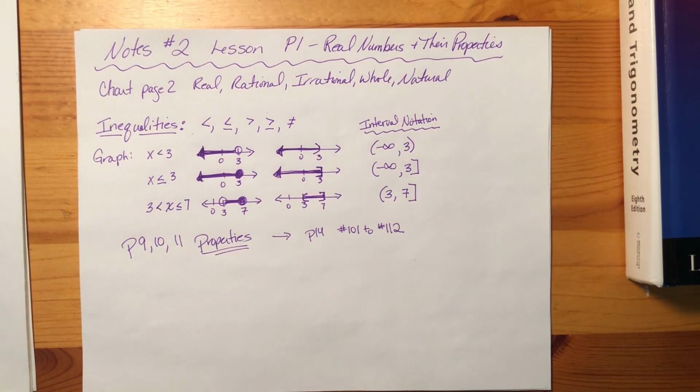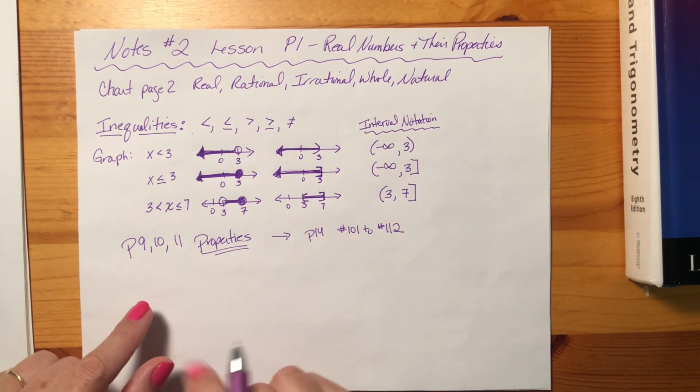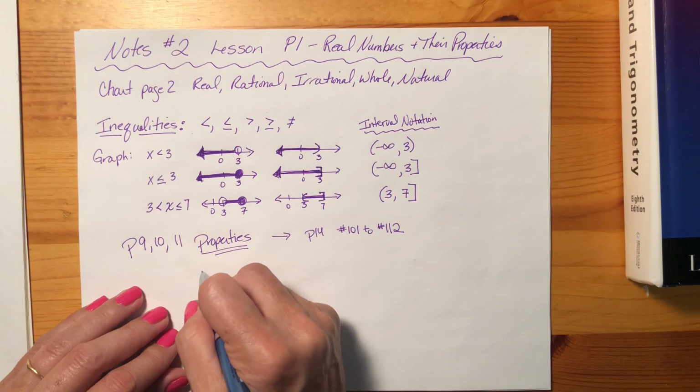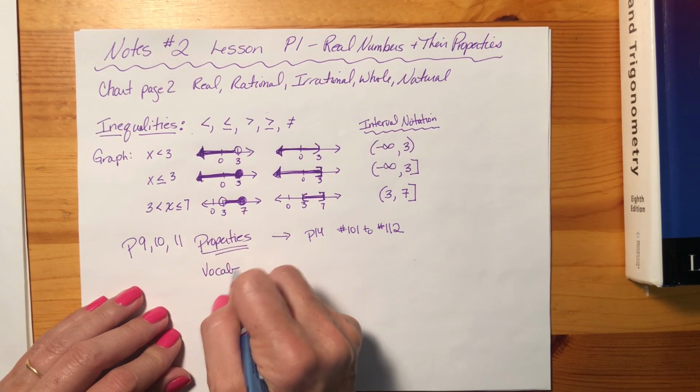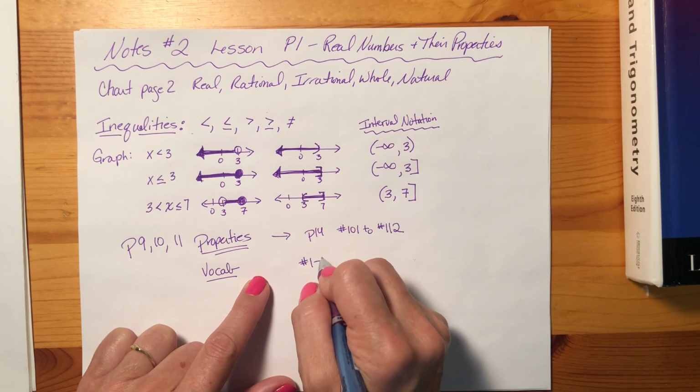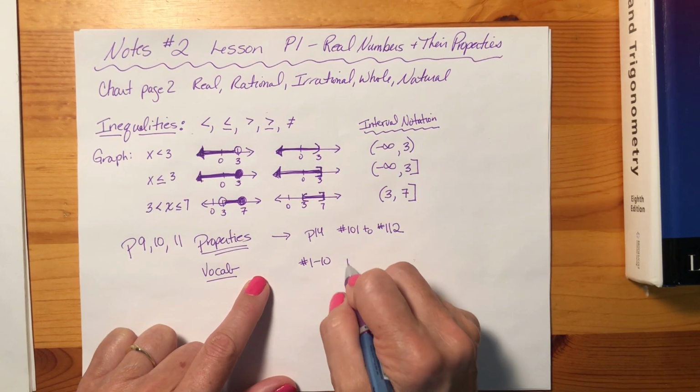Those are part of your problem set today. If we're together, we're going to do those together. And I also want you to check out the vocabulary, numbers 1 through 10 in your textbook on page 12.